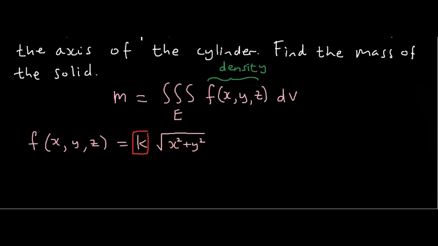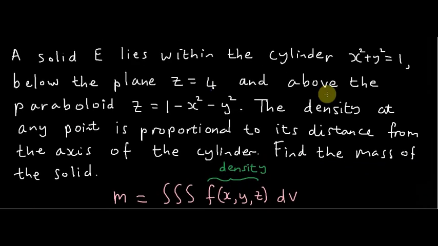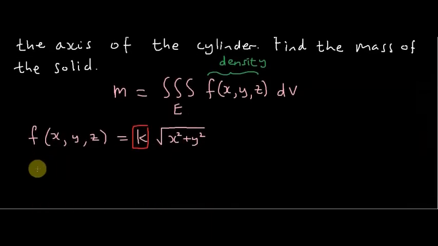We want to express each of these functions in terms of cylindrical coordinates. So let's start with the cylinder. Now the cylinder's x squared plus y squared is 1. And we know that x squared plus y squared is r squared.